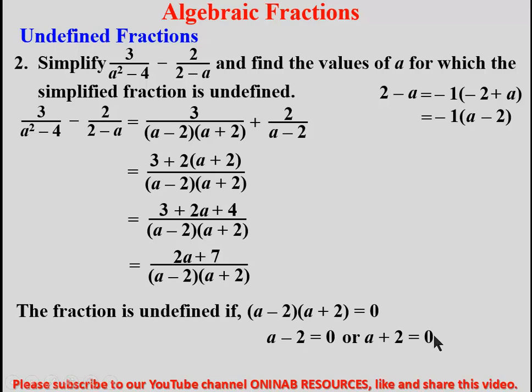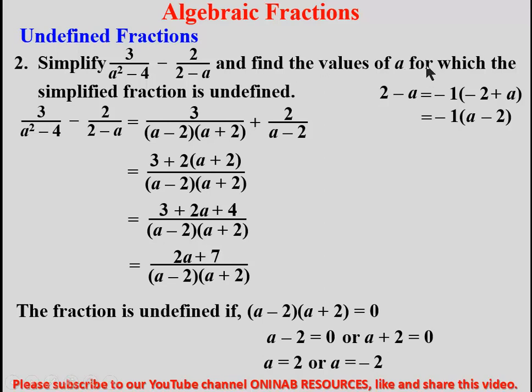So we solve the two linear equations. Taking this negative 2 to the right hand side, a is equal to 2. Or a plus 2 equals 0, taking this positive 2 to the right hand side, it becomes negative 2, so a equals negative 2.